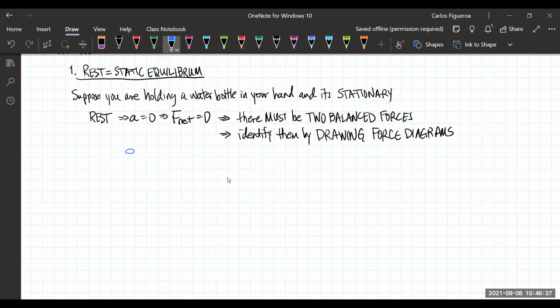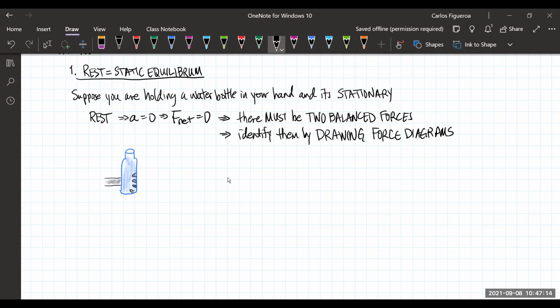Here's my water bottle, and of course the water bottle is filled with water. I'm not really sure how you would draw a hand, but let's say this is your hand here, with your fingers wrapped around the bottle. So you come in with your hand and grab the water bottle.